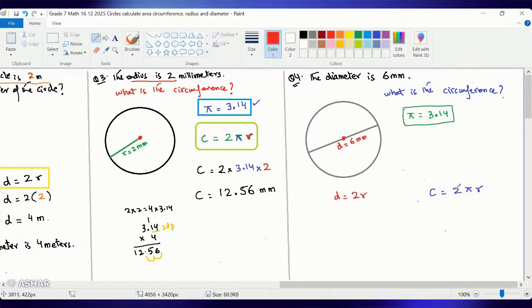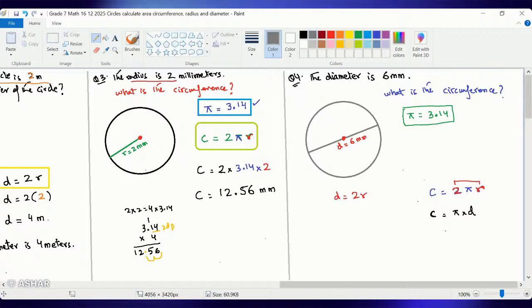So if we take this 2 and this r, can these two be replaced by the diameter? So we can say that pi multiplied by the diameter is also the circumference, because we replace 2r by the diameter, since diameter is twice the radius.